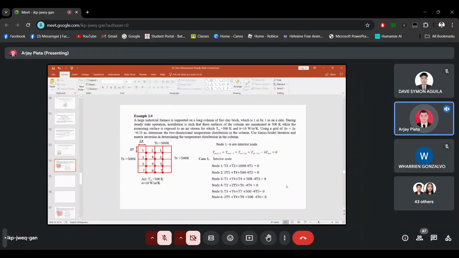Okay, so that's our node 6. So node 7. Okay, so can you double check if what we are doing is correct?